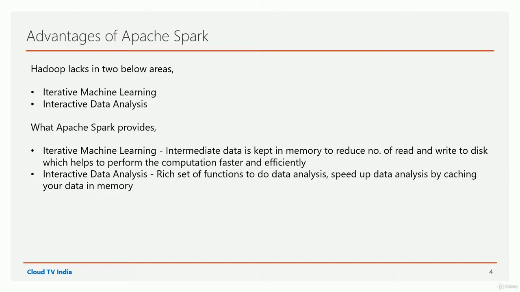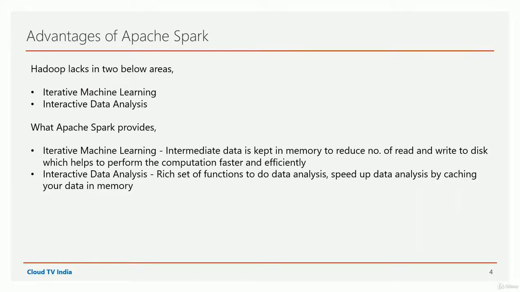But here in Spark, you have a rich set of functions, so using that you can speed up the data analysis. And also you can cache your data in memory. That's how Spark improves on the lacking areas in Hadoop.